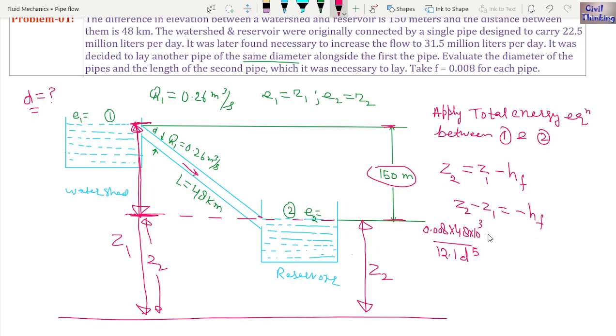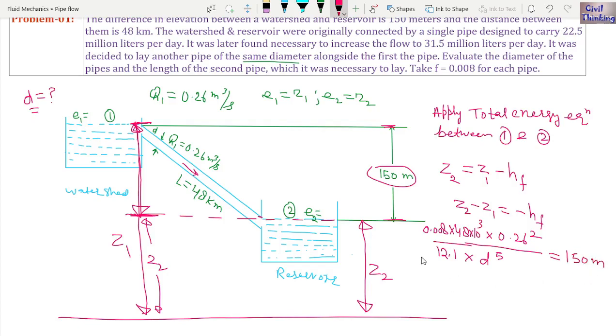Now F, L, Q square, Q is 0.26, FLQ square, right? Divided by 12.1 D5, multiplied by D power 5, is Z1 minus Z2, which was what? 150, right?